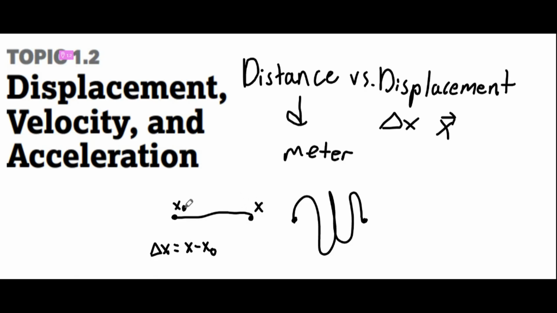Since the starting point and the end point are the same distance apart, the displacement is the same value in both of these cases. So displacement 1 is equal to displacement 2. But when we actually look at the path traveled, you can see we're obviously traveling more distance in this case. So distance 1 is less than distance 2, even though the displacements are the same.